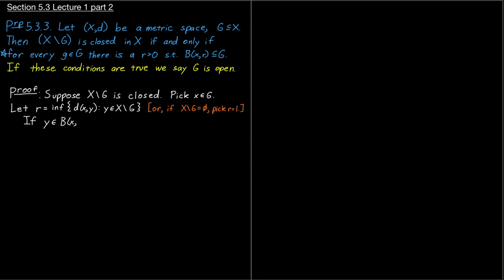If Y is in the ball centered at X of radius R, then the distance from X to Y is less than R, which is, I suppose, technically less than or equal to the infimum.